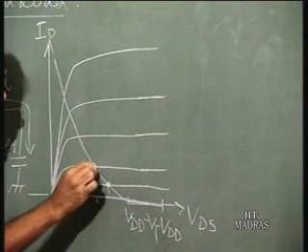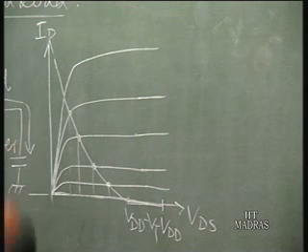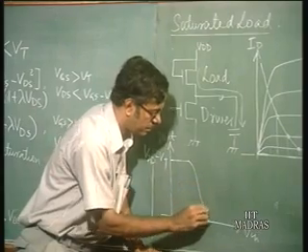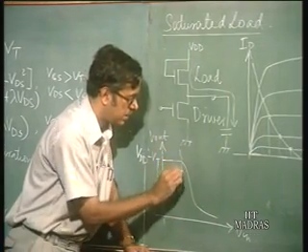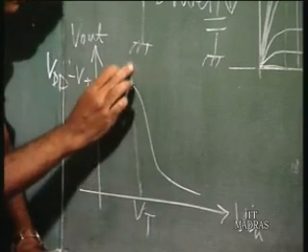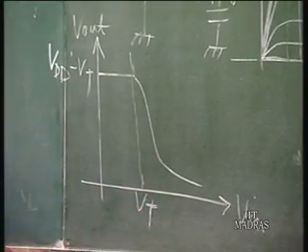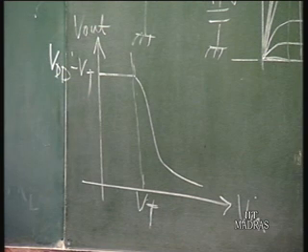The output voltage will keep falling as you go on increasing the gate voltage or the input voltage. So, you have a situation like this. This is VT. After VT the output voltage keeps falling.